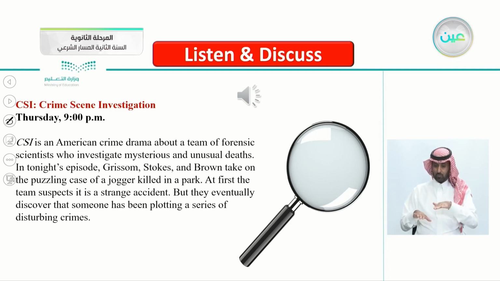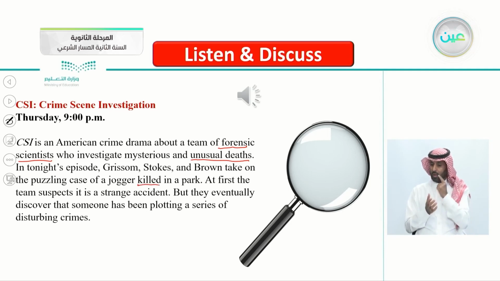So the TV show here is CSI, which is an acronym, of course, for Crime Scene Investigation. CSI is an American crime drama about a team of forensic scientists. Who are forensic scientists? They are the scientists who investigate unusual deaths. In tonight's episode, Grissom, Stokes, and Brown take on a puzzling case of a jogger killed.